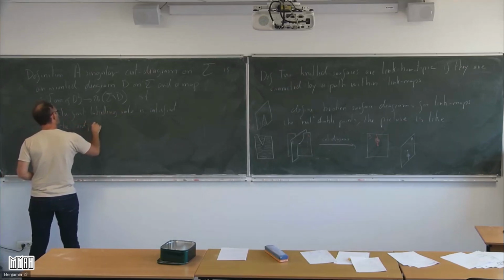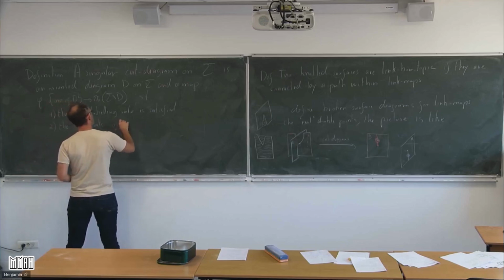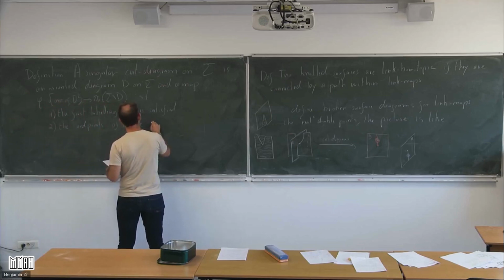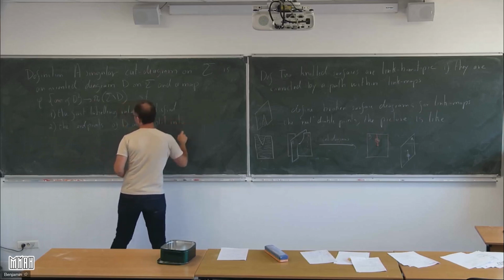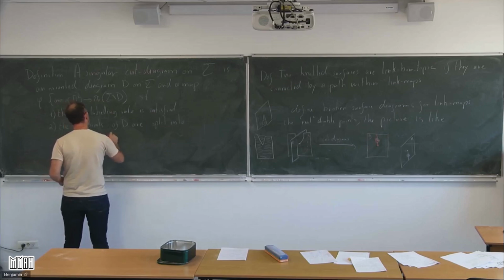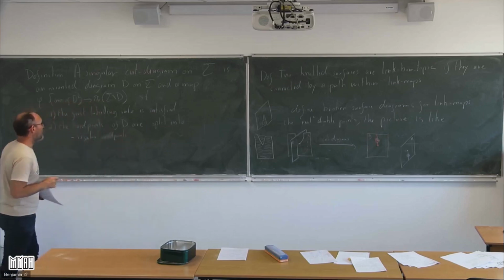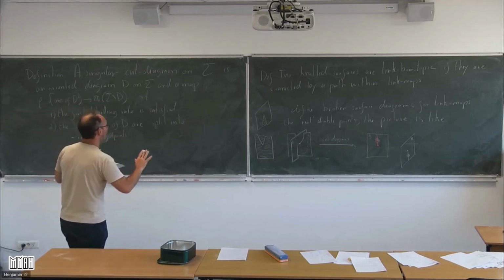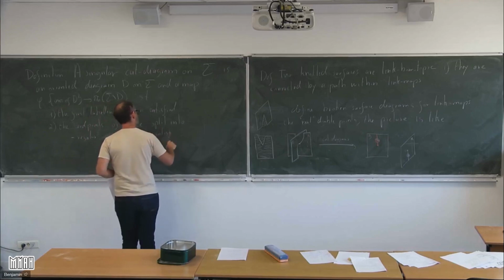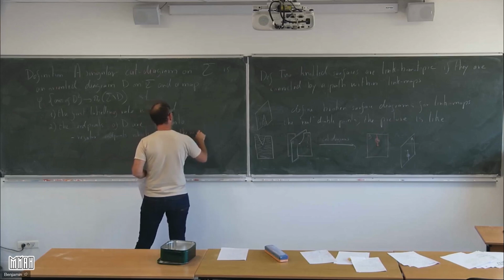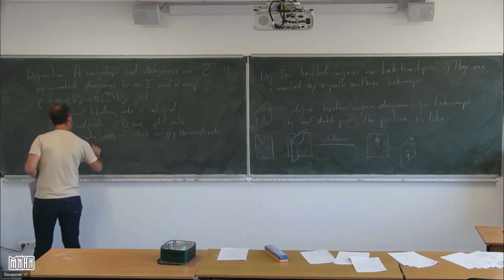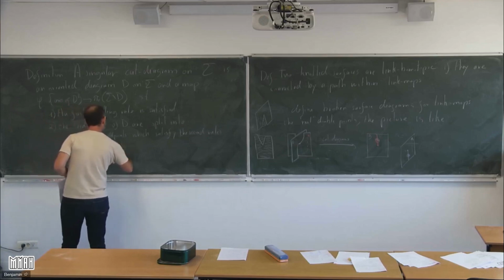So the second rule becomes: the endpoints of D are split into regular endpoints, which just satisfy the usual labeling rule, the second rule, and singular endpoints.